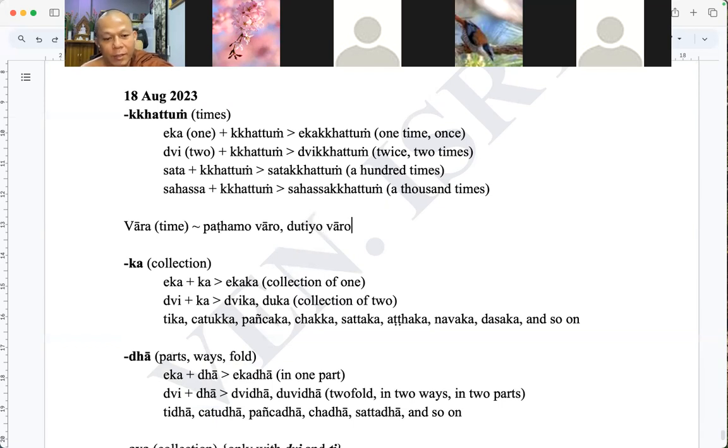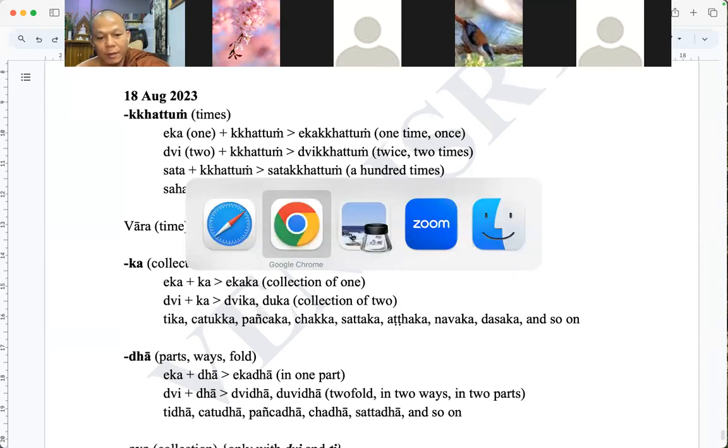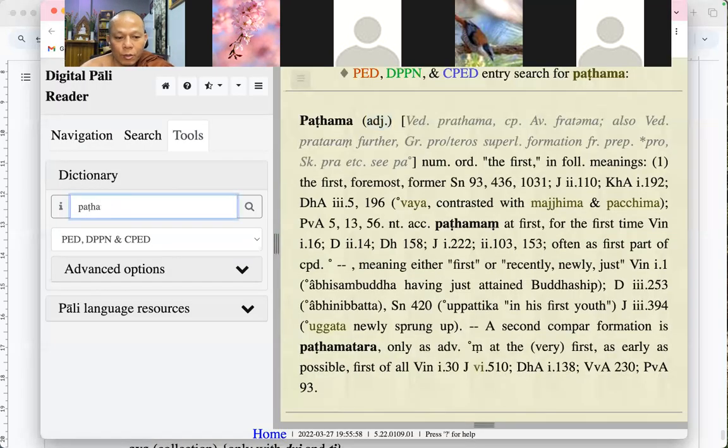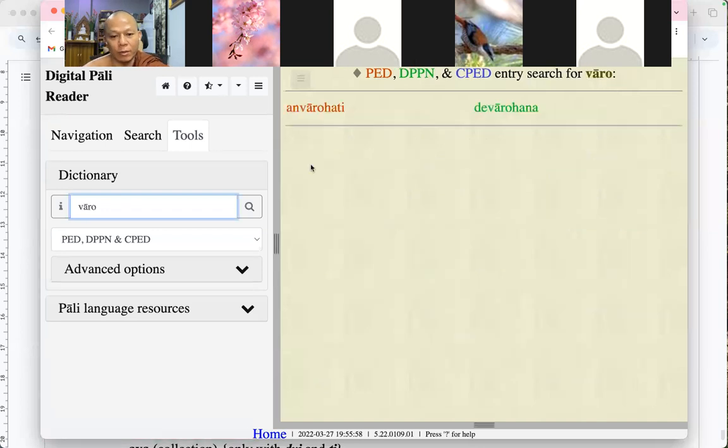First time, second time, and so on. Yeah, I got it. So vara there, Bante, is time in masculine. Yes. Let's see in the dictionary, we can check also. If you read the original text, maybe patama desana vara, dutiya desana vara, such words can be seen, at the end of some, vara.